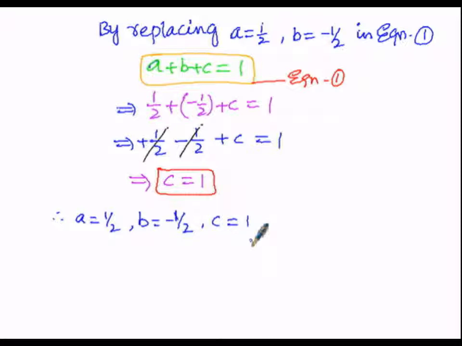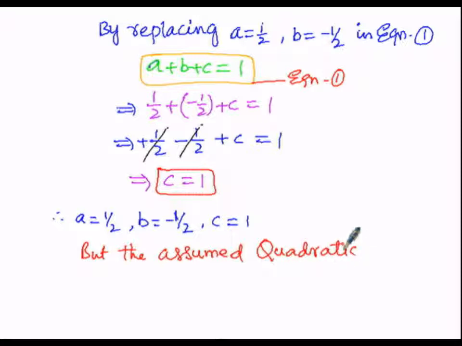So we have to find out the quadratic function, but the assumed quadratic function is f of x equals ax square plus bx plus c.